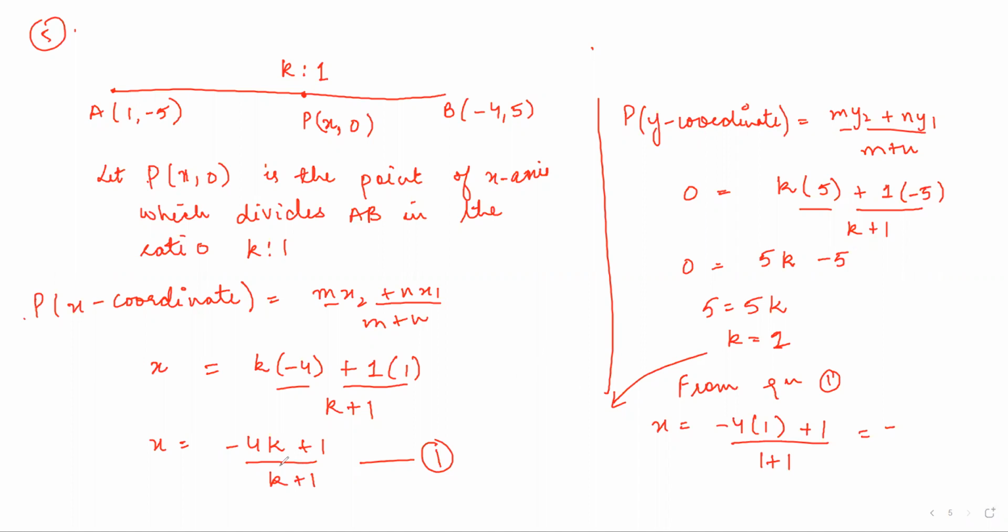Yes, Azan, how much is x? Minus 3 by 2. Yes, good. Minus 3 by 2. So the coordinates of P are minus 3 by 2 and 0.